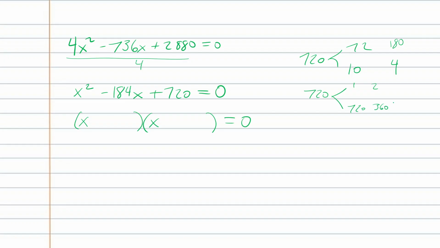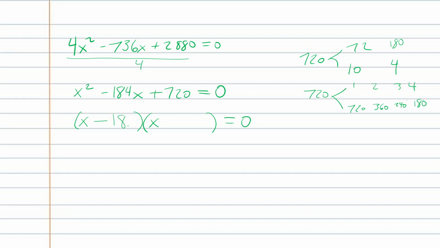Now those clearly work. And then I could try 3. If I divide 720 by 3, I get 240. And then I would have gotten to the 4, and 720 divided by 4 is 180. 180 and 4 give me 184, which is really what I want right there in the middle. So it does take a little guess and check work here, but you can figure it out. And like I always say, if you can't figure it out, just plug it in the quadratic equation.